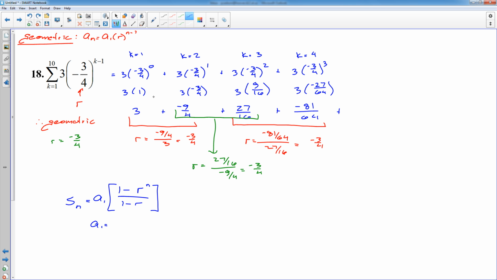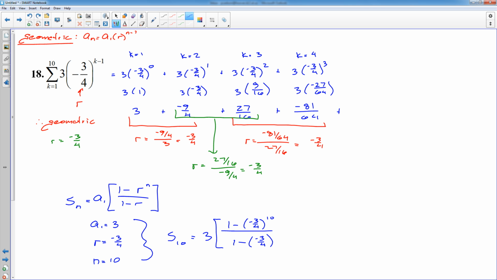My first term I know is 3 because I've already plugged in 1 to get my first term. The ratio I know is negative 3/4, and the number of terms is 10. So my sum of the first 10 terms is going to be 3 times 1 minus the ratio to the 10th power over 1 minus the ratio, which is negative 3/4.